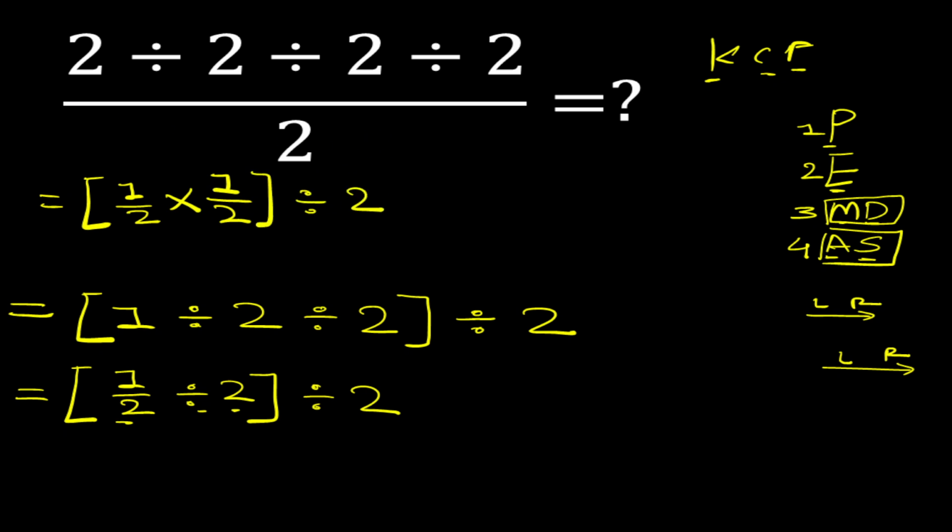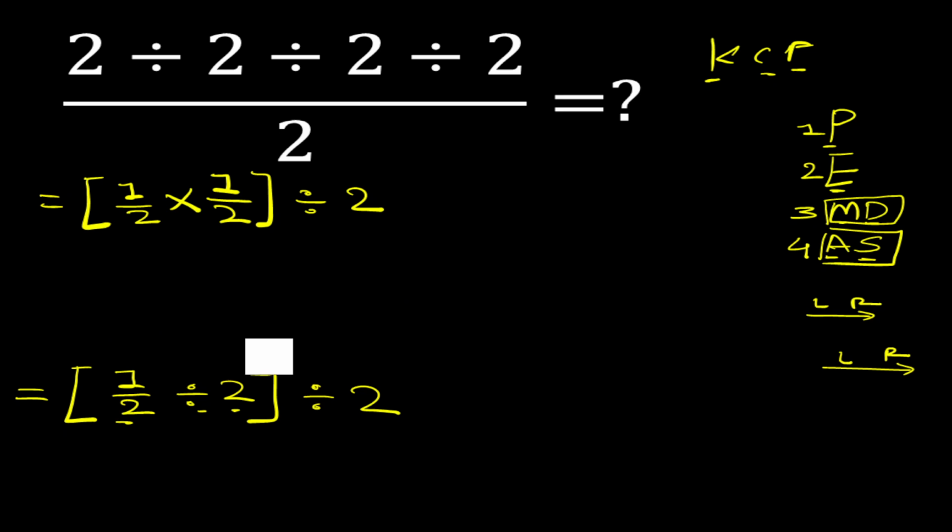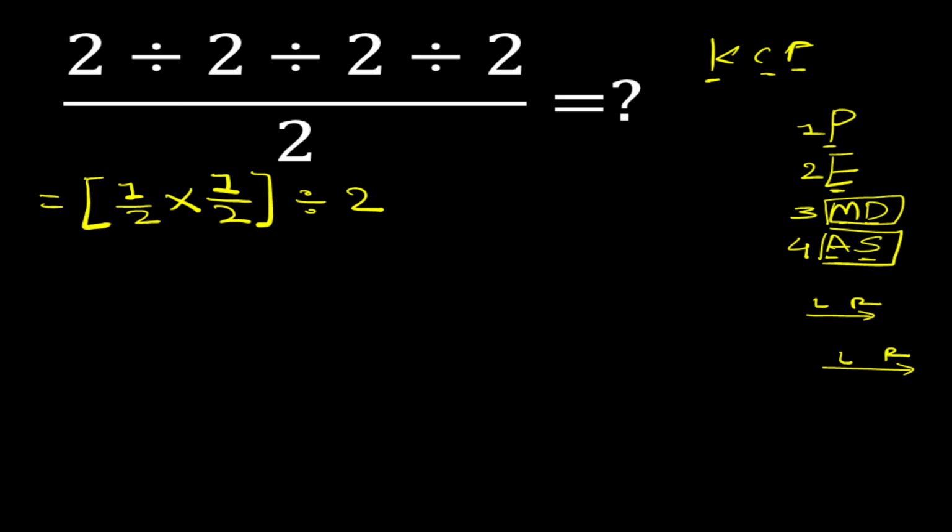Okay, now 1 times 1 is equal to 1, and 2 times 2 is equal to 4, divided by 2.